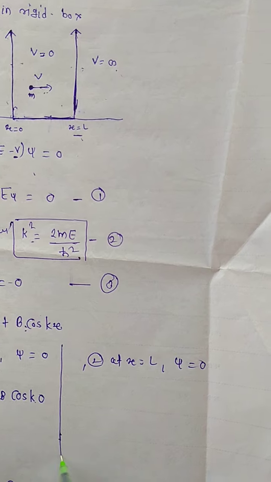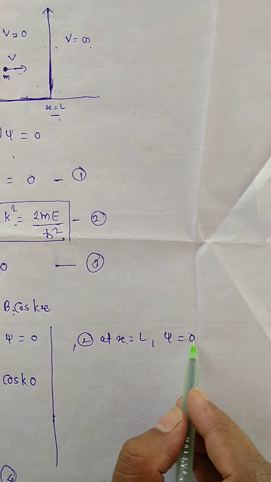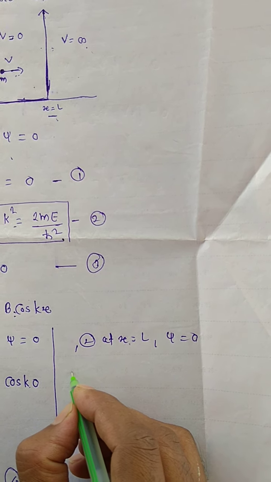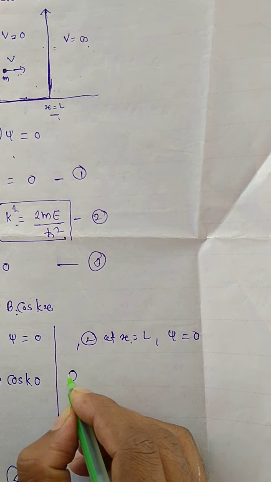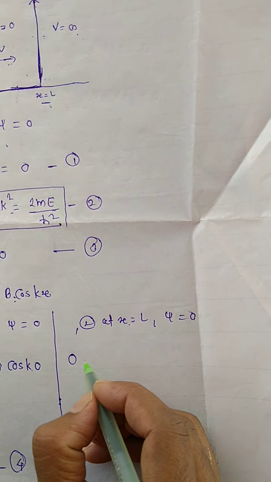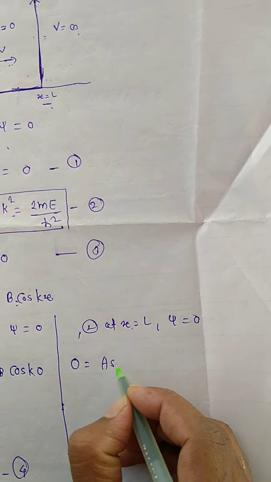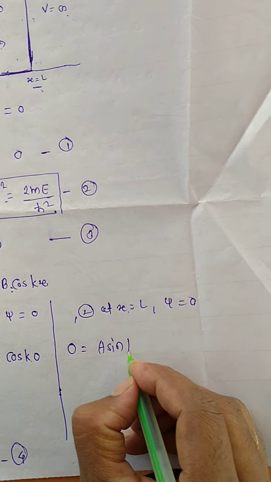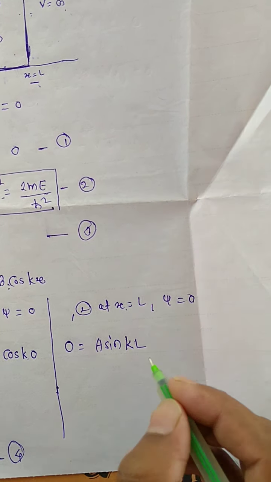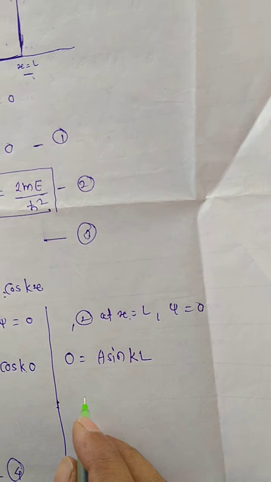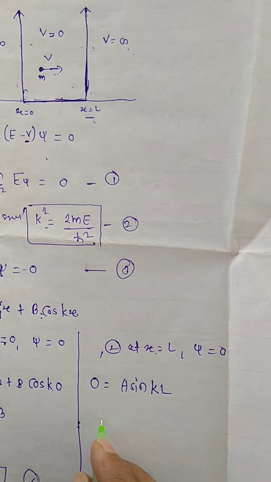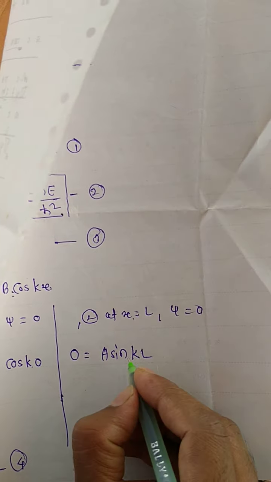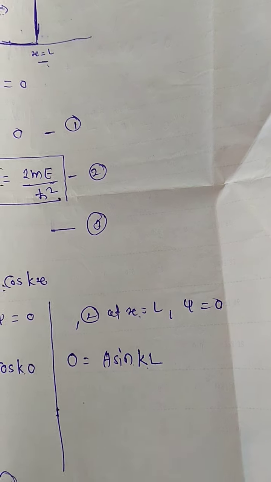Now the second boundary condition: at x is equal to L, psi is equal to 0, so a sin kL is equal to 0.